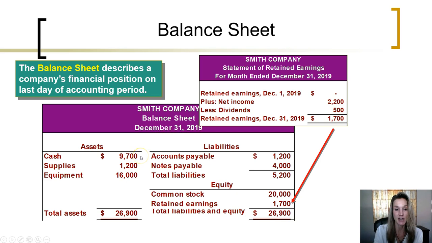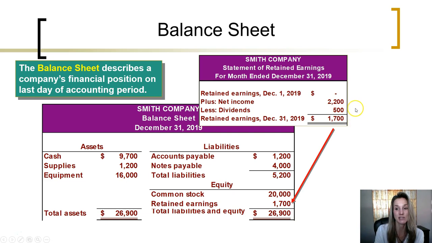So looking in the accounting system, we would take the ending balances in all of our assets, ending balances in liabilities, ending common stock balance, plus the ending retained earnings. Recall that as we are recording transactions that affect retained earnings, which are revenues, expenses, and dividends, those are being recorded separately in individual accounts.